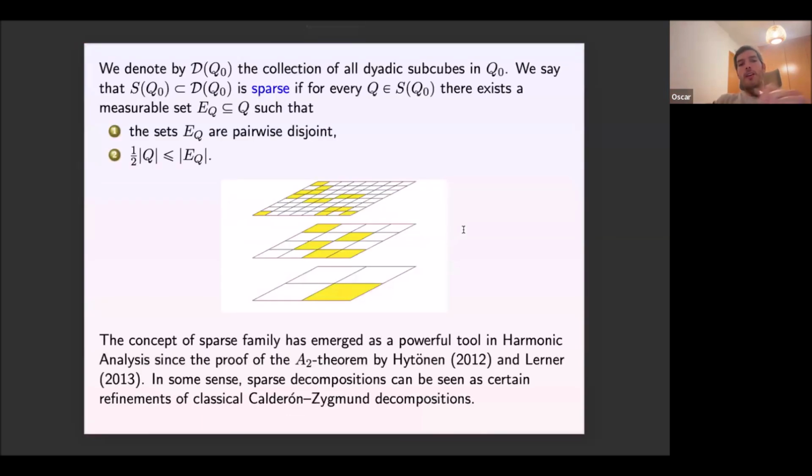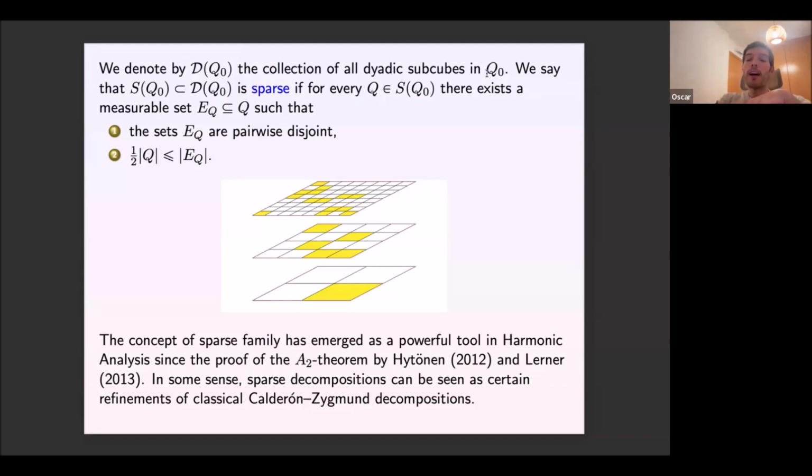Let me explain this. Probably most of you are familiar with sparse decompositions and sparse domination, but just in case you are not, let me very briefly recall what a sparse family of cubes is.